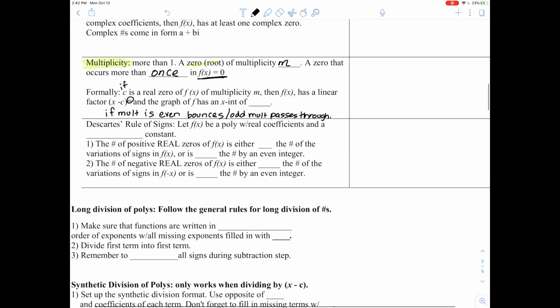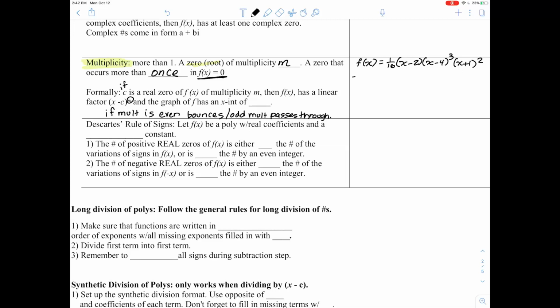So I'm going to give you a demonstration here. So let me just pull up my note page here so I can see. Okay, so let's say we have this function, f of x equals 1/16 times x minus 2 times x minus 4 cubed times x plus 1 squared.